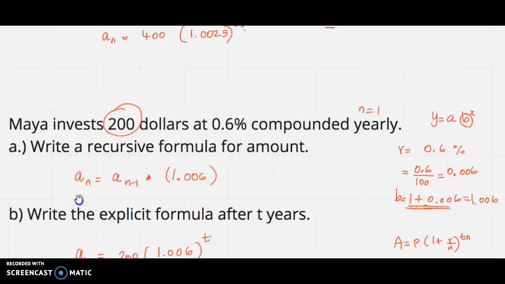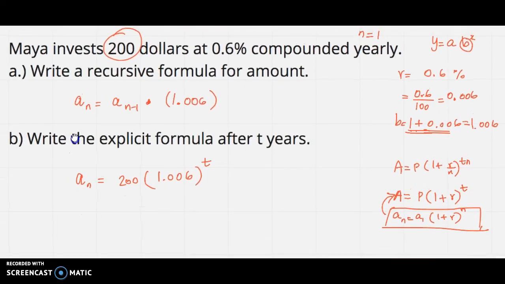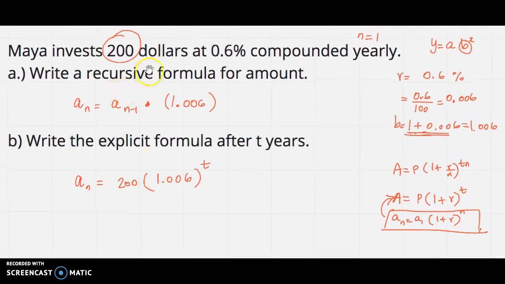Lastly, I've done a problem for you guys. Maya invests $200 at 6% compounded yearly. Write a recursive formula for the amount. Again, I write the formula. It's 6%, so I change 6% to a decimal. It's 0.06, and it's 1 plus 0.06. So I got my rate.